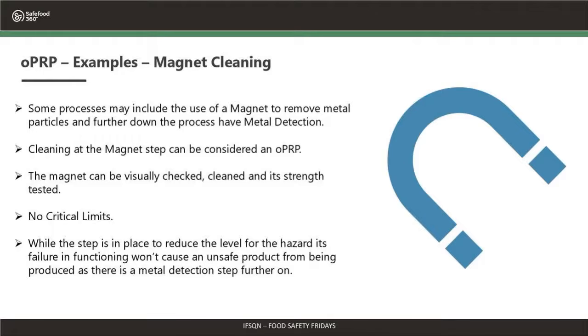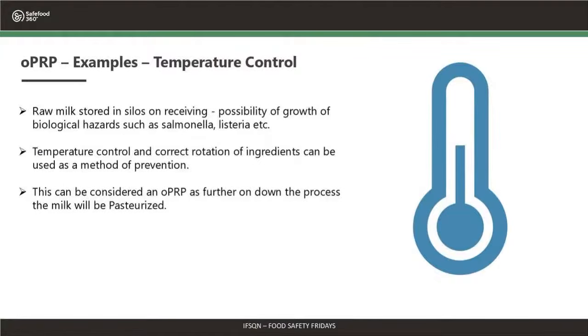Another example is temperature control. So you might think, for those of you who may be familiar, oh, that's a CCP. Yes, in some cases it is, but in this example here, let's say we have raw milk coming in, we're storing it. There is always the possibility for growth of biological hazards such as salmonella and listeria.